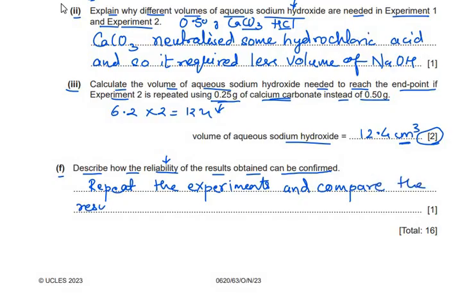If we are just checking the reliability, we can just compare the results. If the results are similar, that shows that our results are reliable. And here is the end of question 2 also.